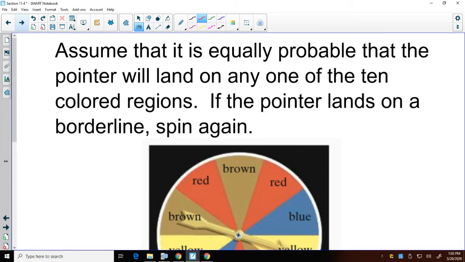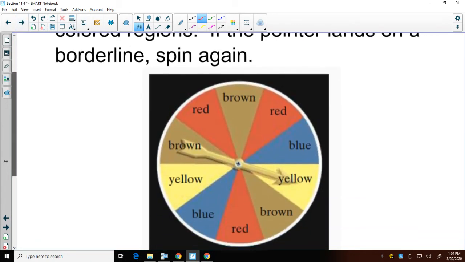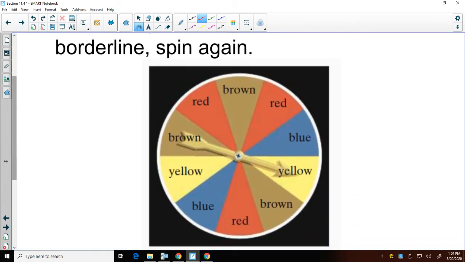All right, the spinner problem. So assume that it is equally probable that the pointer will land on any one of the 10 colored regions. And if the pointer lands on a borderline, spin it again. Okay, so there's what the spinner looks like. There are 10 regions. 3 browns, 3 reds, 2 blues, 2 yellows.